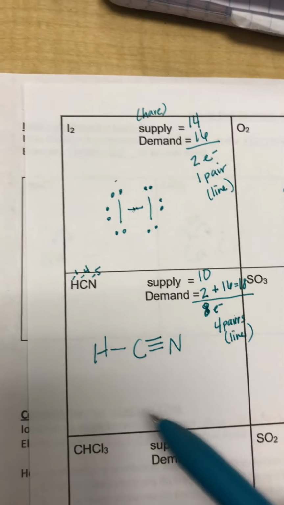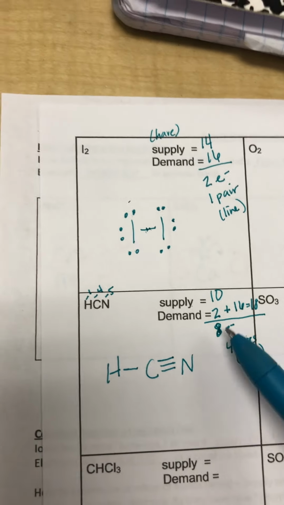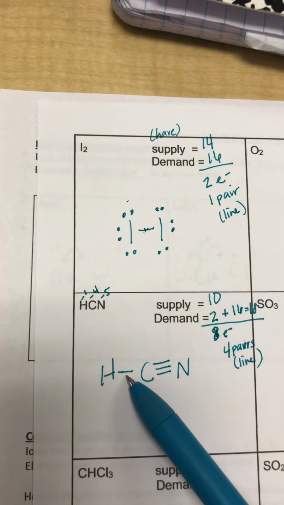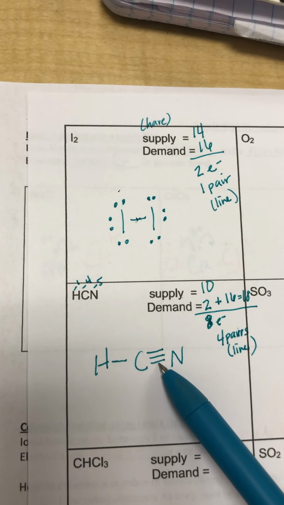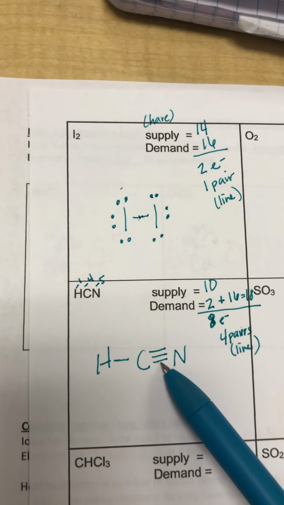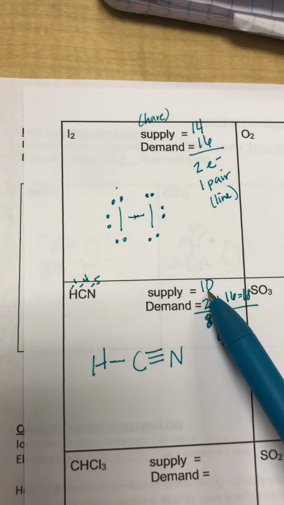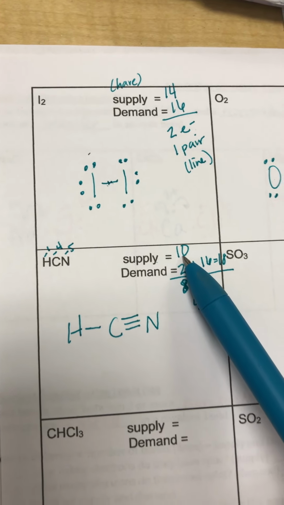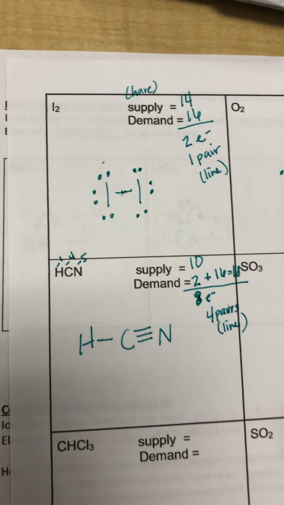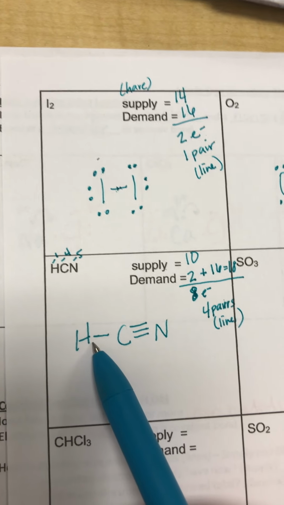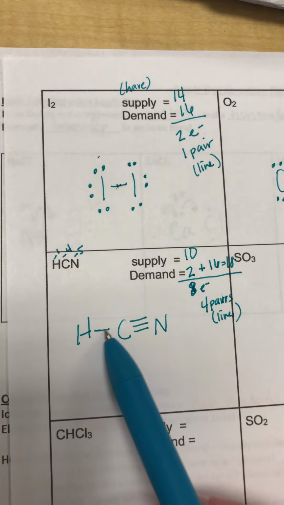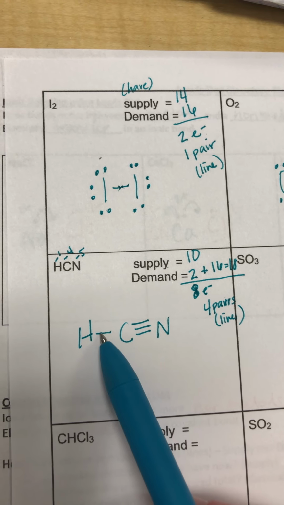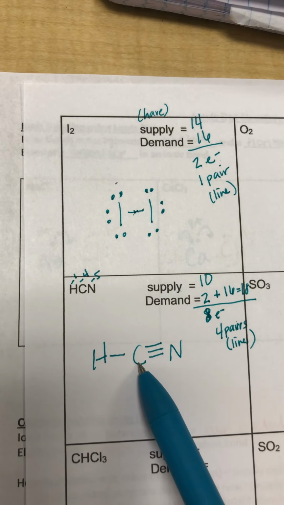So let's count how many I've got to see if it meets my supply. 2, 4, 6, 8. I only have 8 electrons right now, but I need 10. So that means I'm going to have a lone pair, and I have to figure out where it's going to go. It can't go here, because hydrogen can only have 1 line. Does carbon have 8?